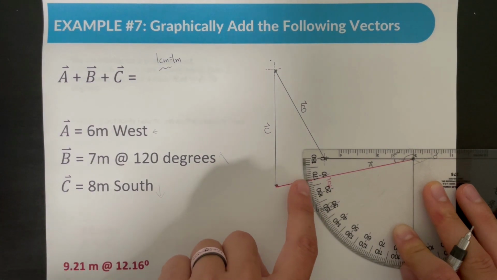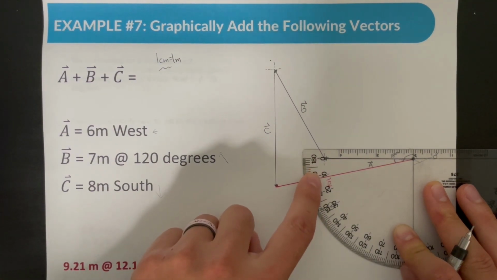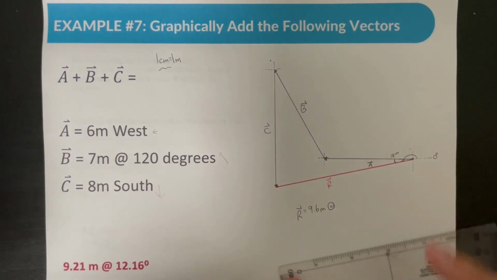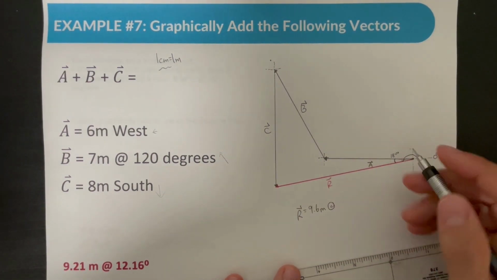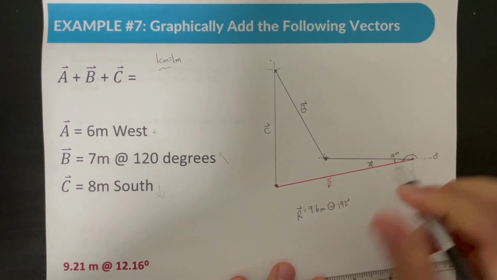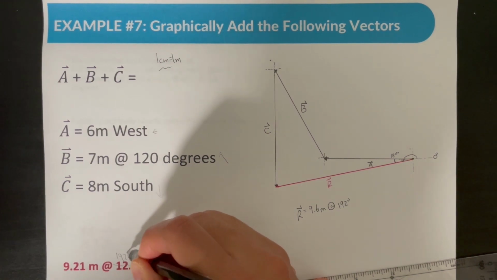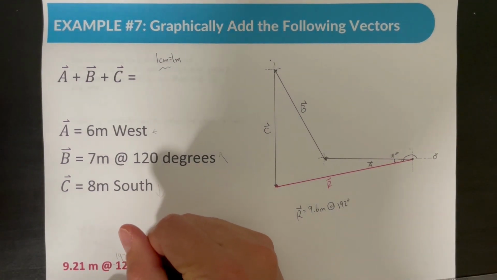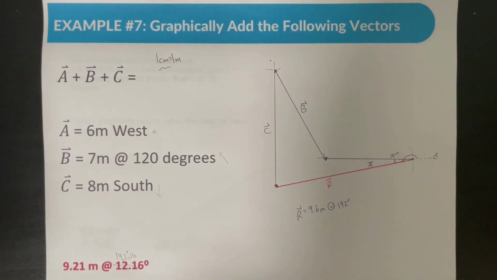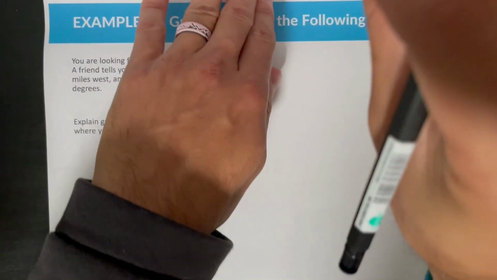So 12 plus 180, and this should be 192-ish degrees. Seems like I had my angle a little bit wrong. Okay, and that's that. Moving on.